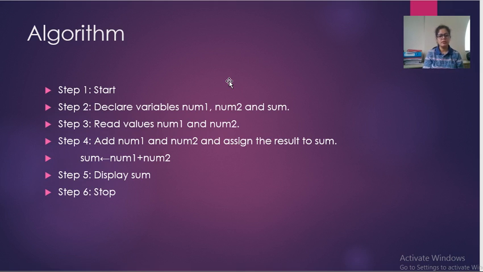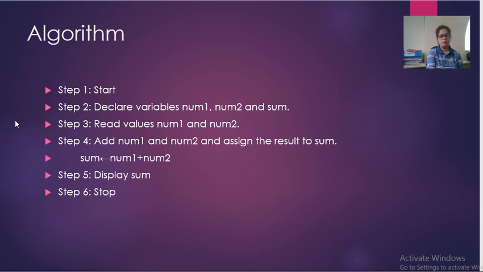So this is a very simple task. First of all, we have to take two numbers, then we have to add them, and after the addition we have to transfer the result into some other variable, some third variable, and we have to display that variable to display the result. So let's start with how we have to write the algorithm.